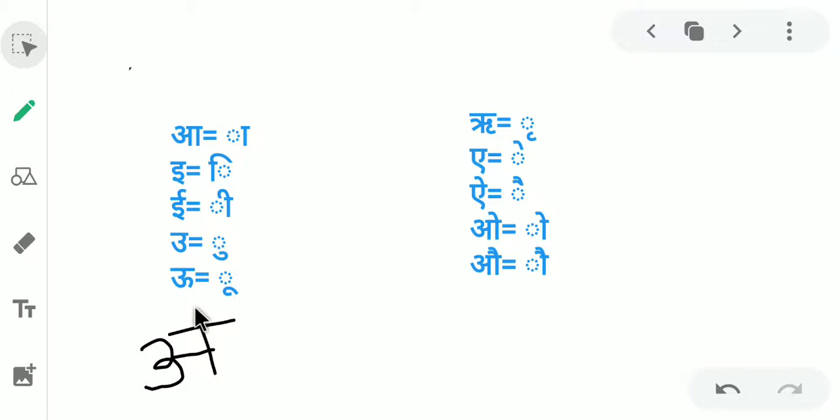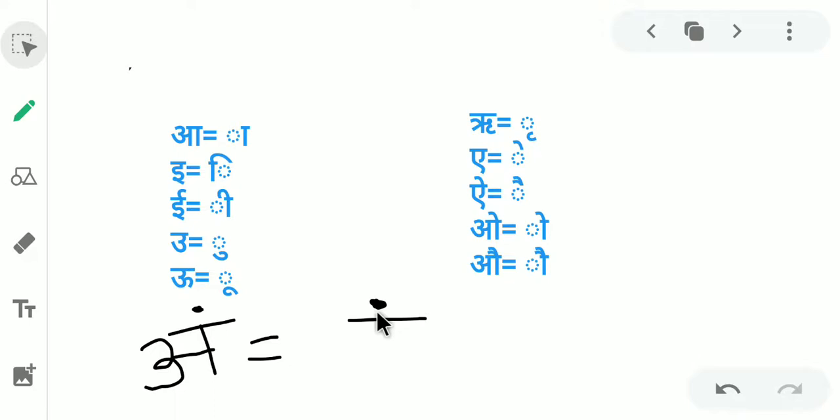Yesterday we have something like ang. Now this sign can be written like this, on the above line.